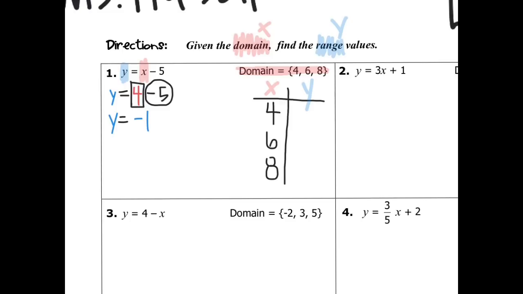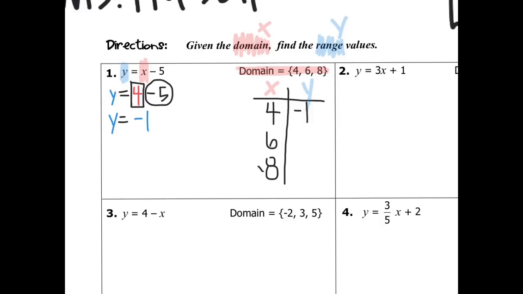So I go back over to my table and I say when my x value is 4, my y value is negative 1. The thing is, now I have to repeat it 2 more times, but instead of x being 4, now I have to go back and say, in the case where x is 6, what would that make my y value? Because it's probably not going to be the same thing, especially if this is a function.